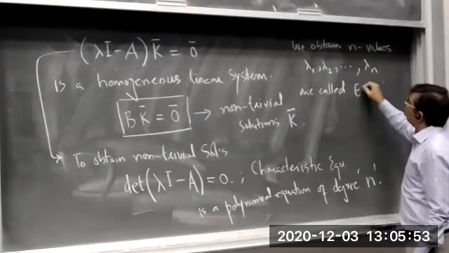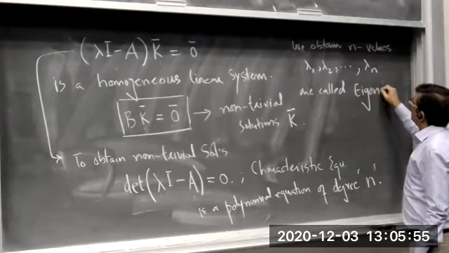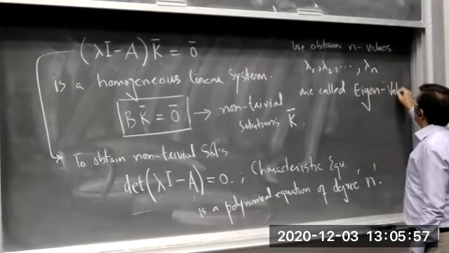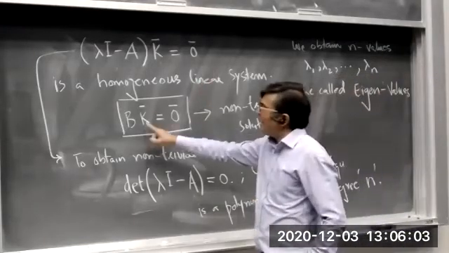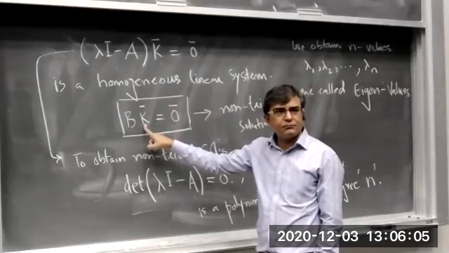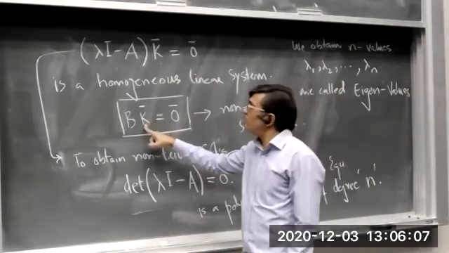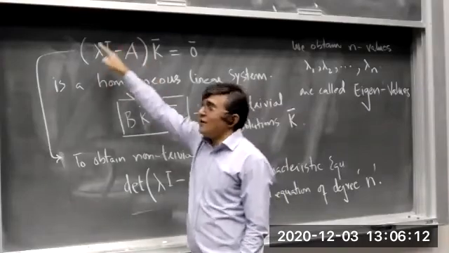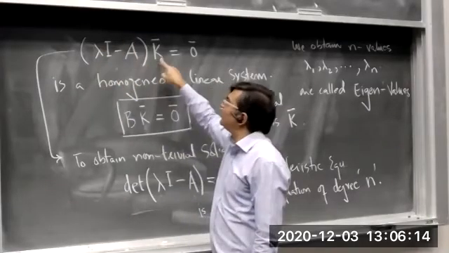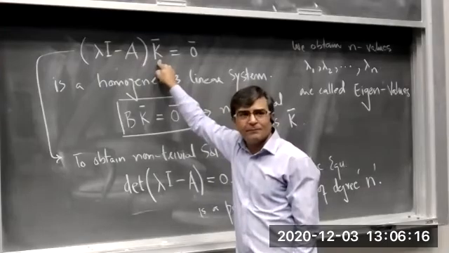eigenvalues. And corresponding to each eigenvalue, we can find a vector here. By putting lambda 1 here, we'll have a known coefficient matrix plus an unknown vector k.